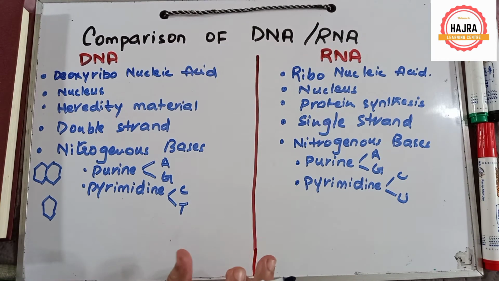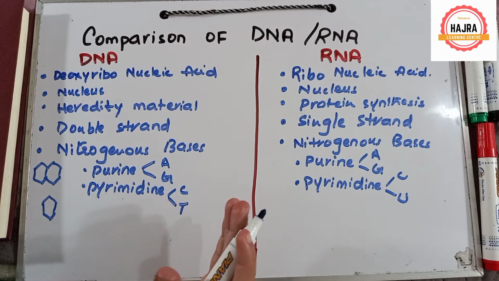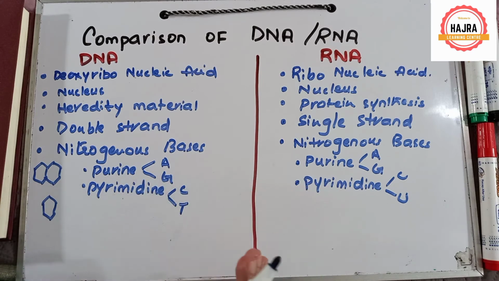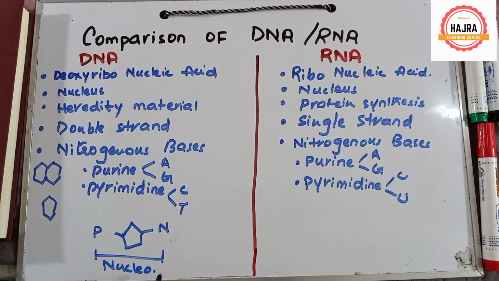You got my point? Let me repeat. DNA and RNA both are made up of polynucleotides. What is meant by polynucleotide? Pentose sugar bound with a phosphate group plus nitrogen bases. This is called a nucleotide.